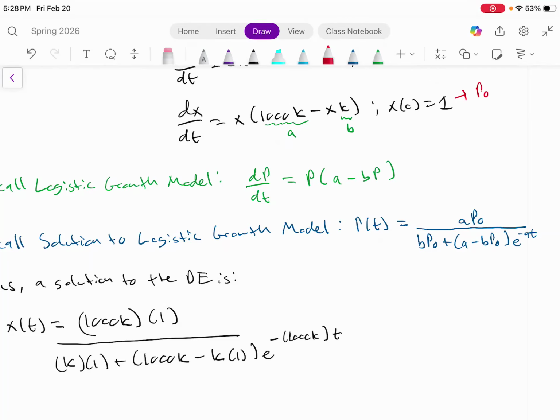And just remember that A equals 1000 K, B equals K, and P naught equals 1.